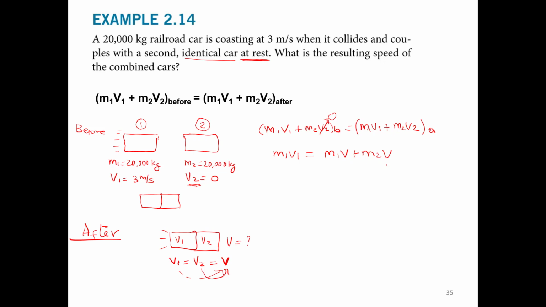To do that, since we have v on both terms, we can factor out. This is a common term. This is like the opposite of the distributive property.